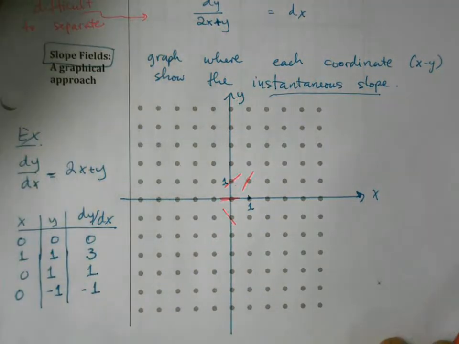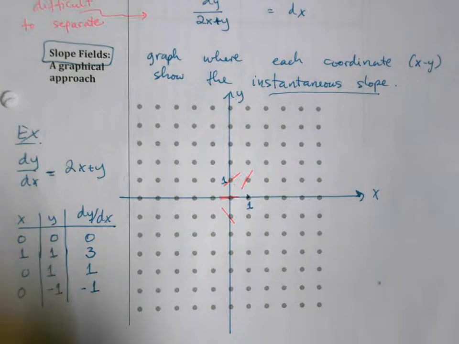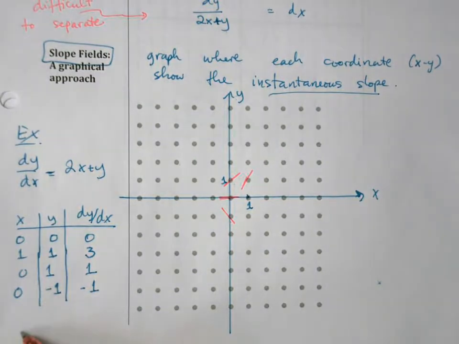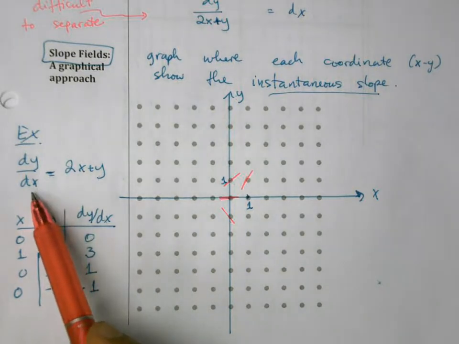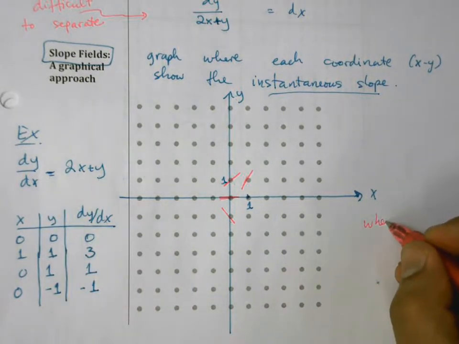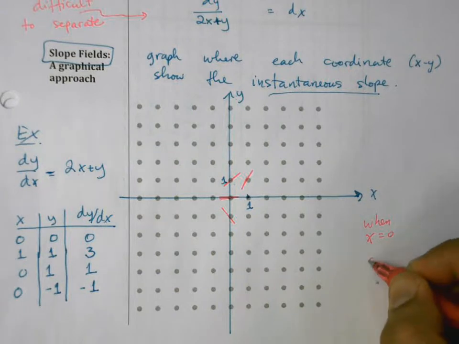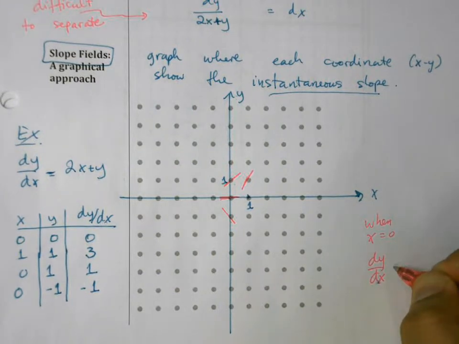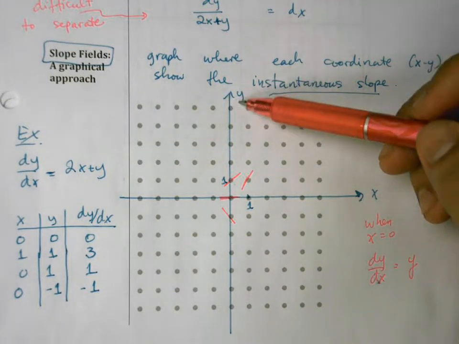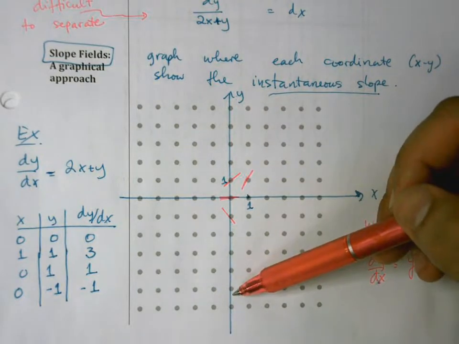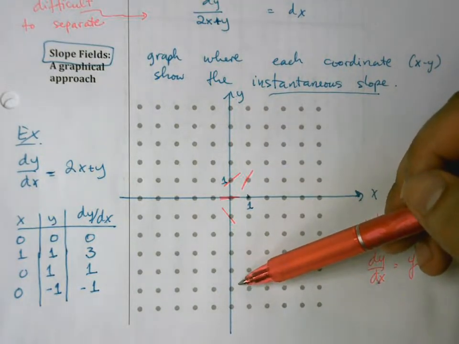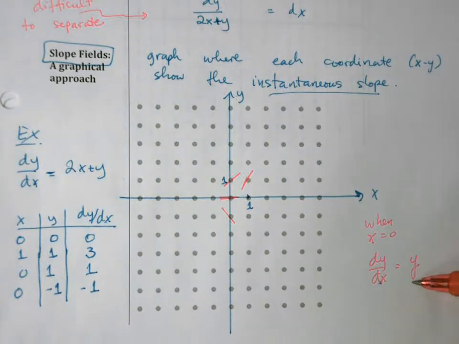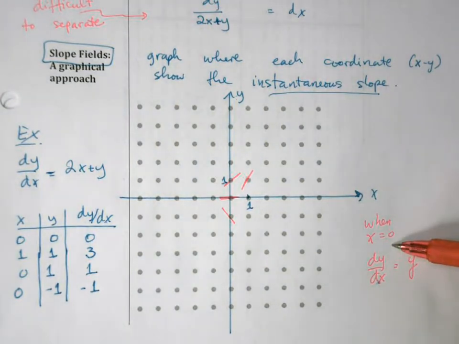As you do this, you will start to see some patterns form. One of the patterns is that on the y-axis, when x is equal to 0, dy dx is equal to y. That means along this vertical axis, whatever the y value is, that's the slope, because x is going to be 0.